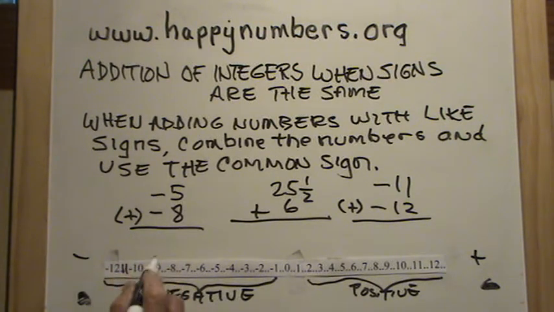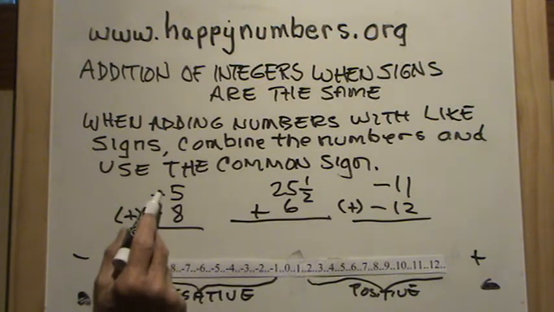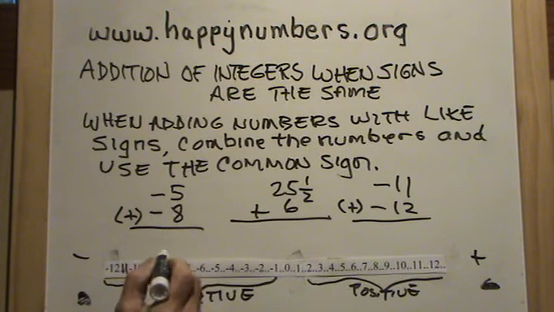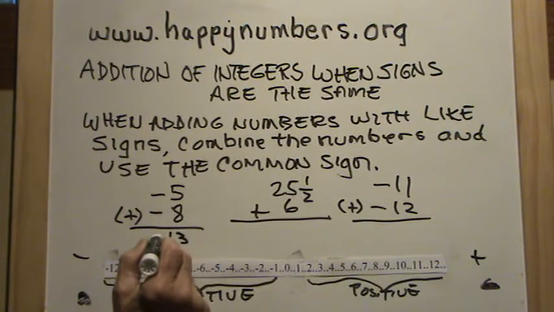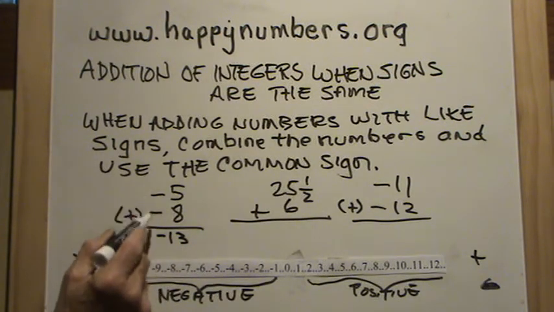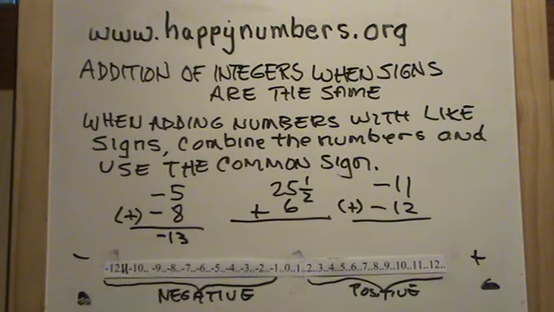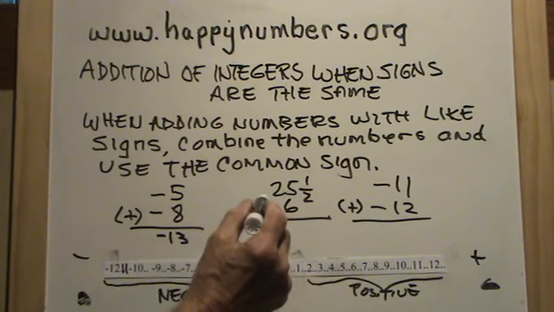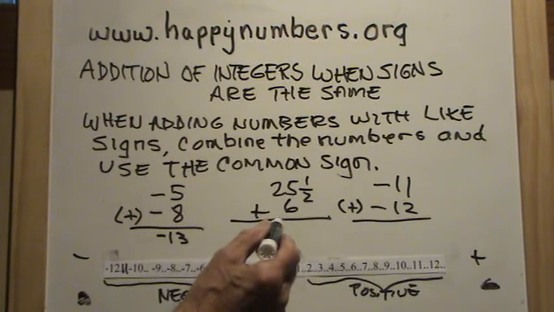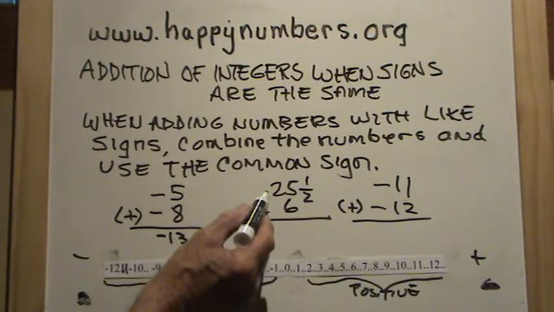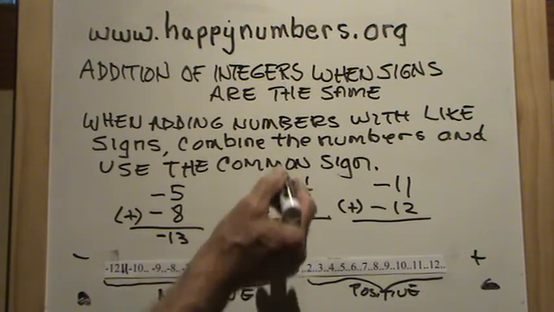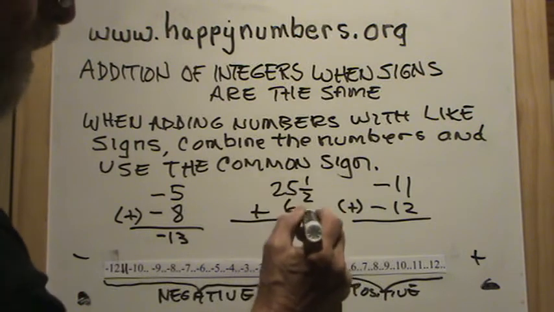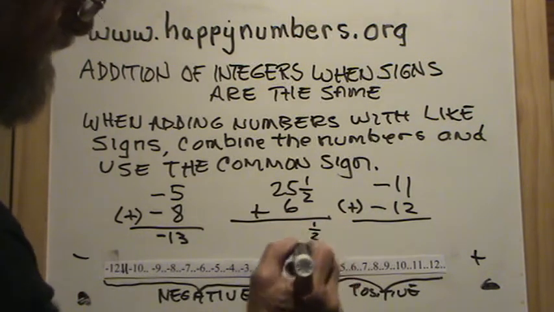Let's see now. We're adding a -5 and a -8. Well, the signs are the same, so we combine the numbers. 5 and 8 is 13, and we use the common sign, which is the negative. Here, 25.5 and 6, and both of these are positive because there's no sign, so we just combine them, we add them. Well, 1/2 and nothing would be 1/2.